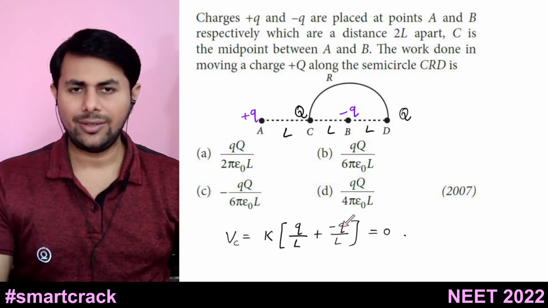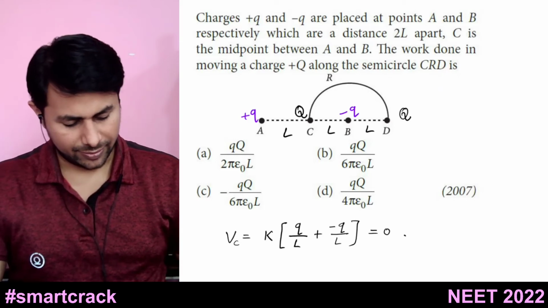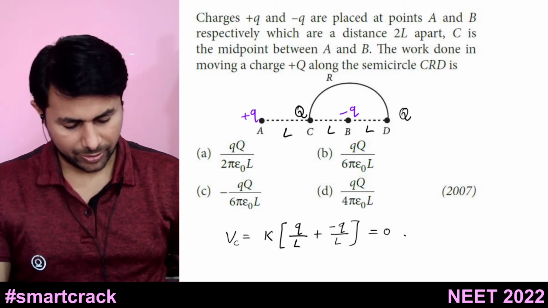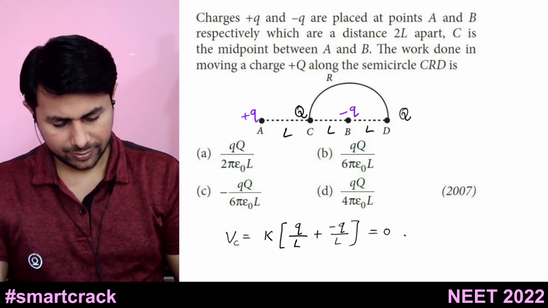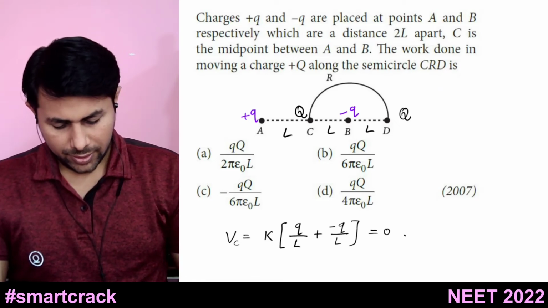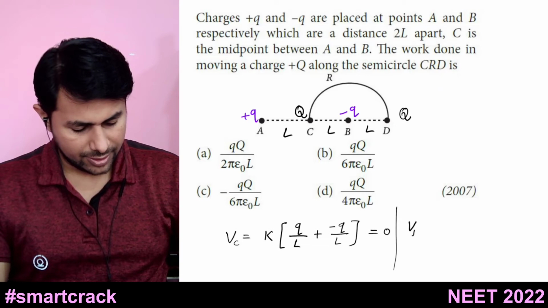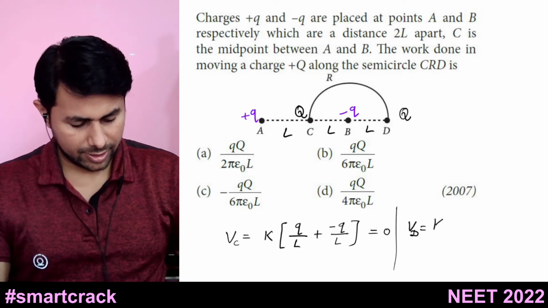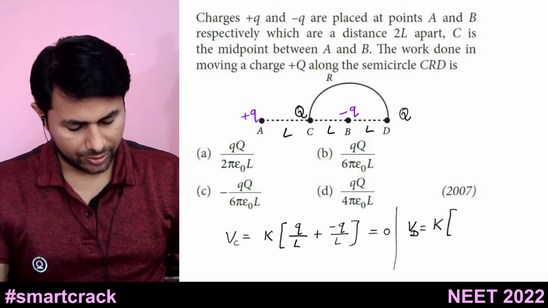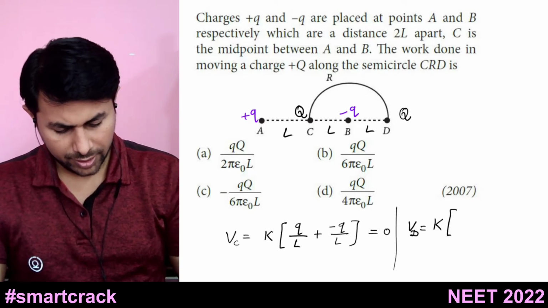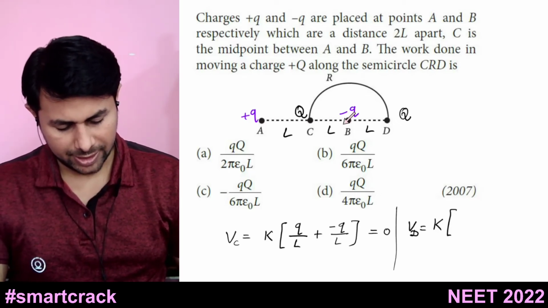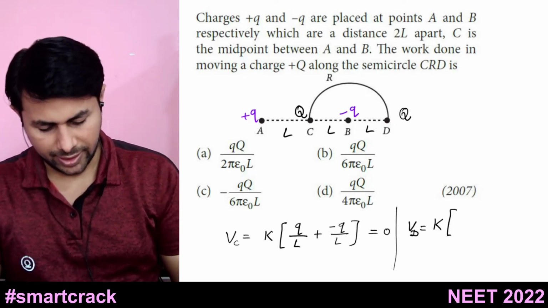Plus Q over L minus Q over L is 0. Okay, and let's find the potential at D. So potential at point D is equal to some constant 1 over 4 pi epsilon naught into Q divided by this distance, which is 3L.